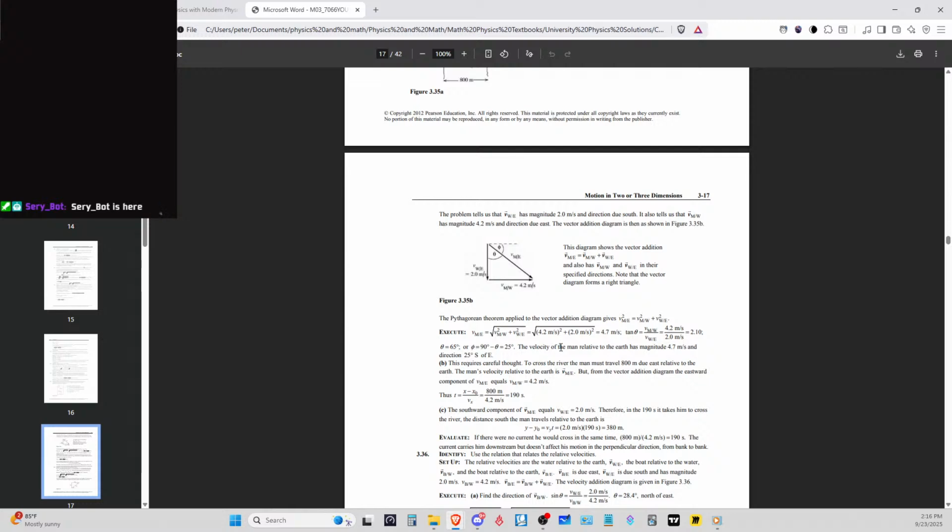Let's see, the velocity of the man relative to the Earth has a magnitude of 4.7 and the direction is 25 degrees south of east. So if it's south of east, then that means it's this.